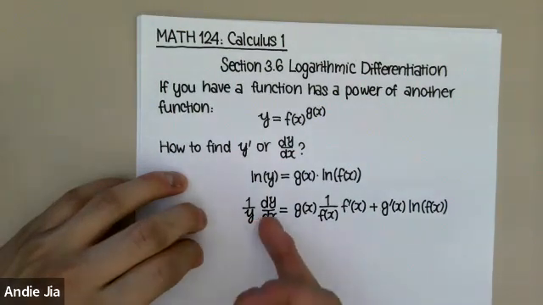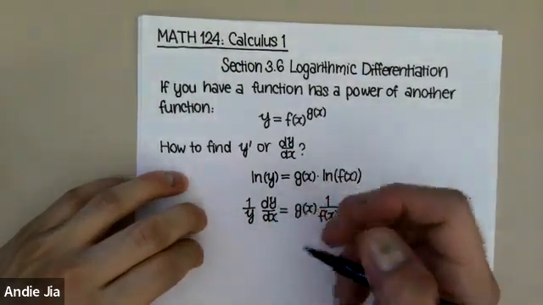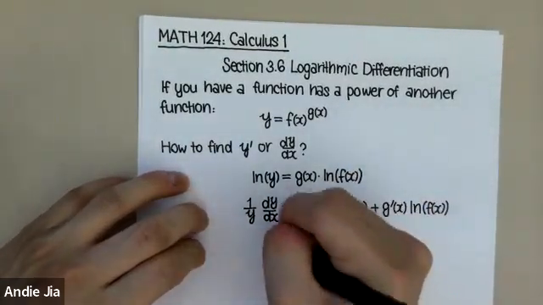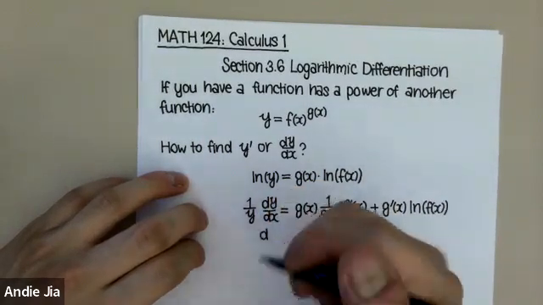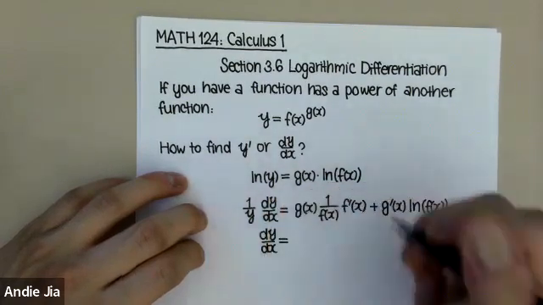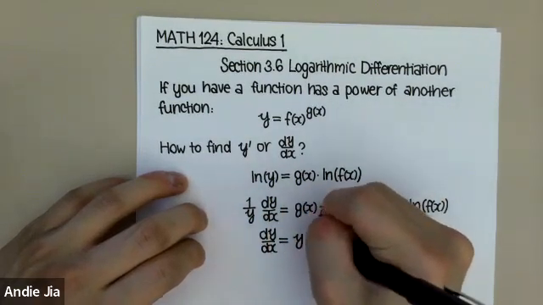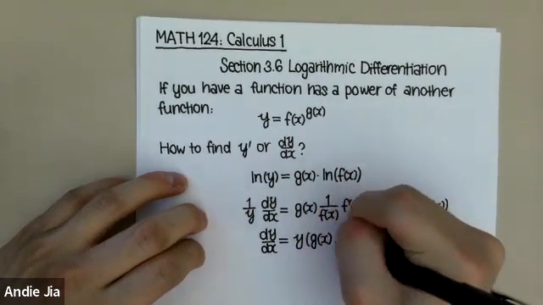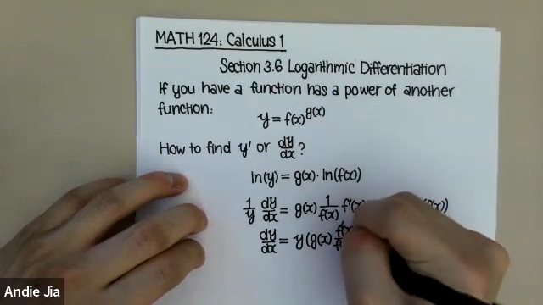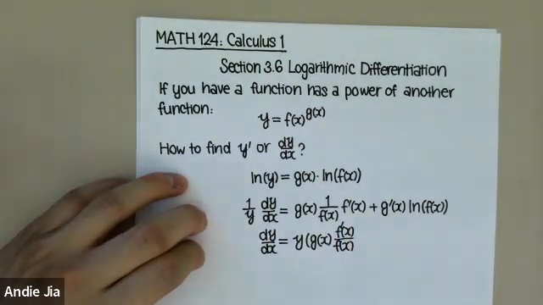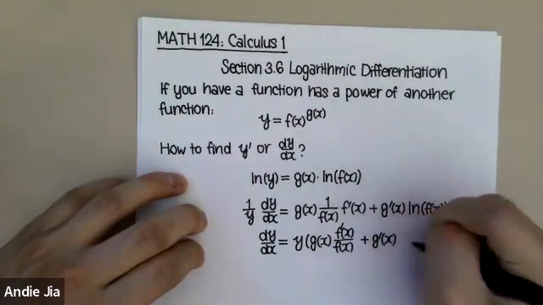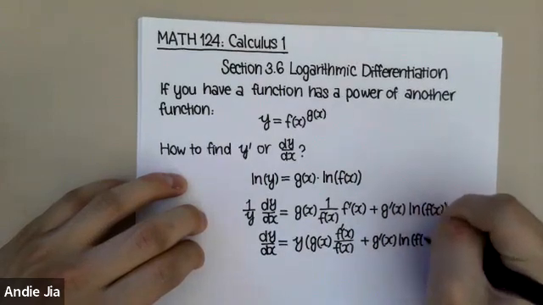And then we want this dy/dx, so we multiply by y on both sides, plus g prime of x times natural log of f of x.